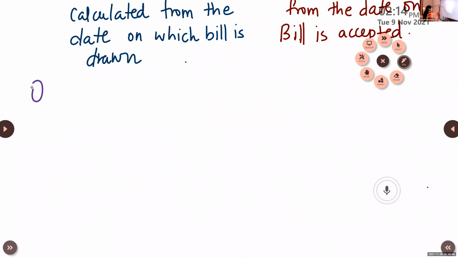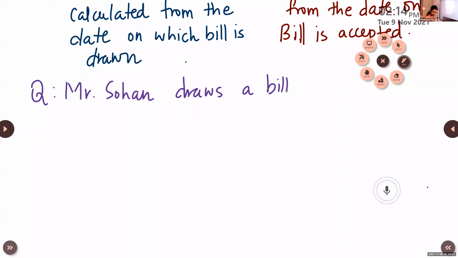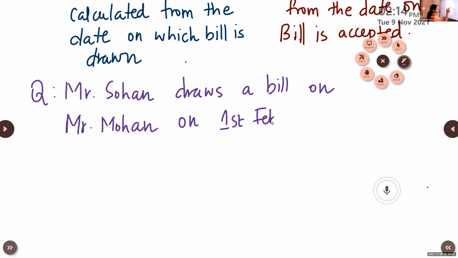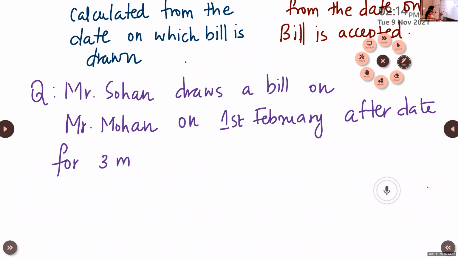Mr. Sohan draws a bill on Mr. Mohan on 1st February, after date for 3 months.